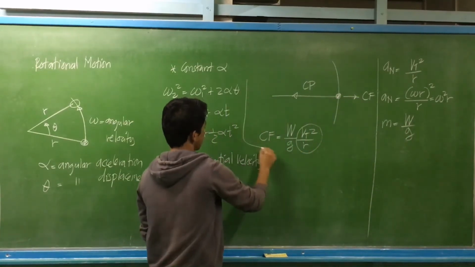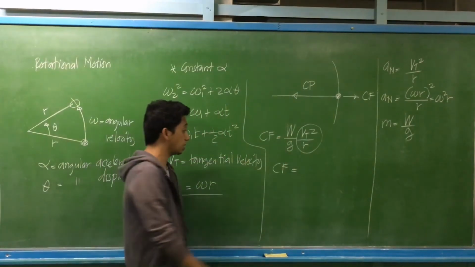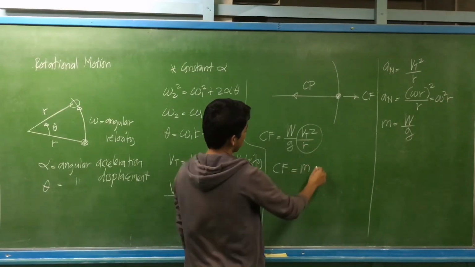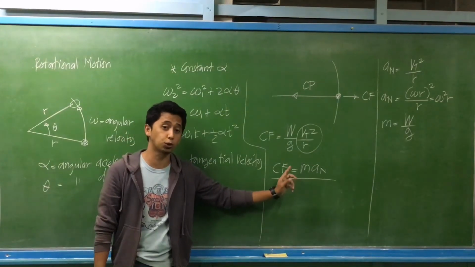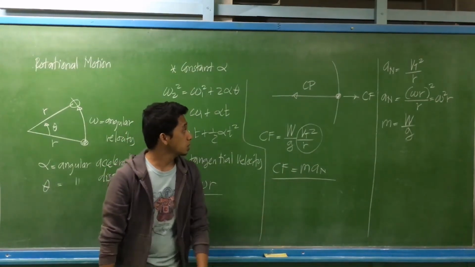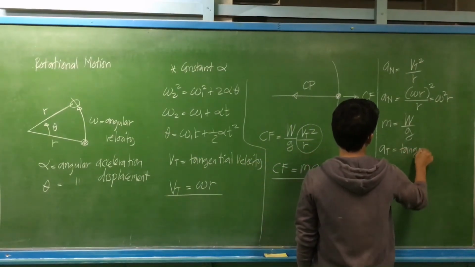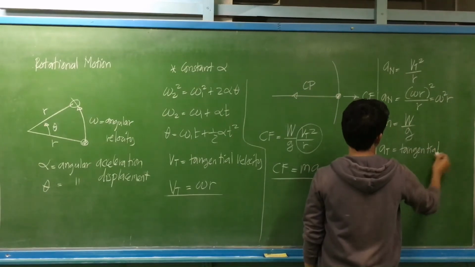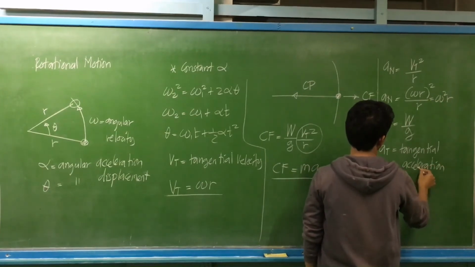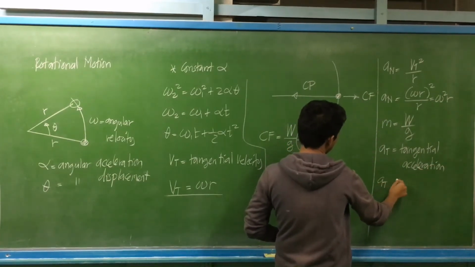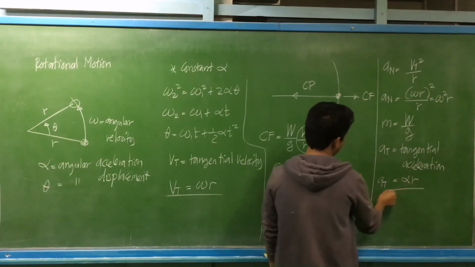So the centrifugal force is equal to weight over the acceleration due to gravity, which is mass, times this term, the normal acceleration. Basically, from Newton's second law of motion, force is equal to mass times acceleration. Then we have the tangential acceleration, which is the same as your angular acceleration alpha times the radius.